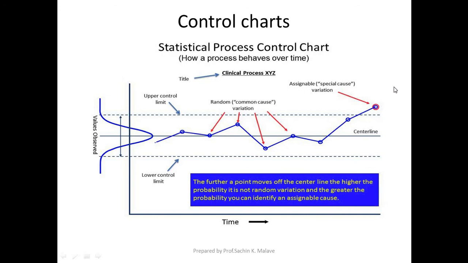We are going to see these control charts in detail afterwards in Unit 5. So with this we have seen the various old quality tools, that is, the 7 old quality tools.